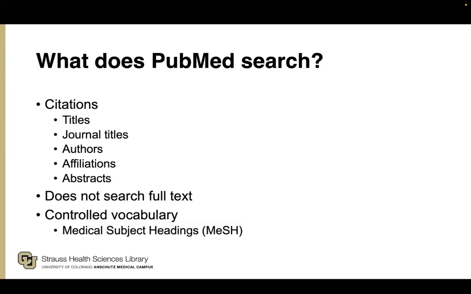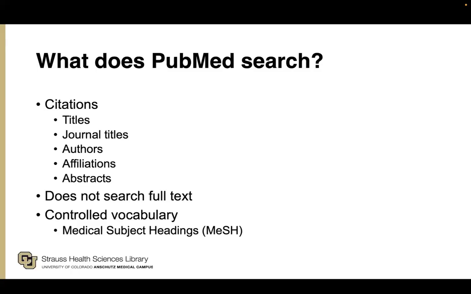That reinforces how important abstracts are, that they should properly summarize what the article is about. It also gives you a sense of one limitation of searching: you can only search the abstract.